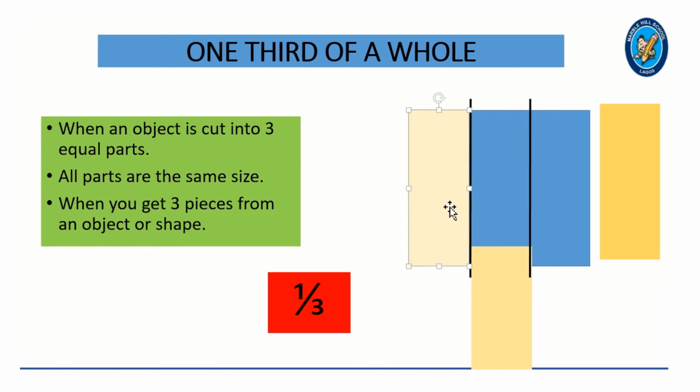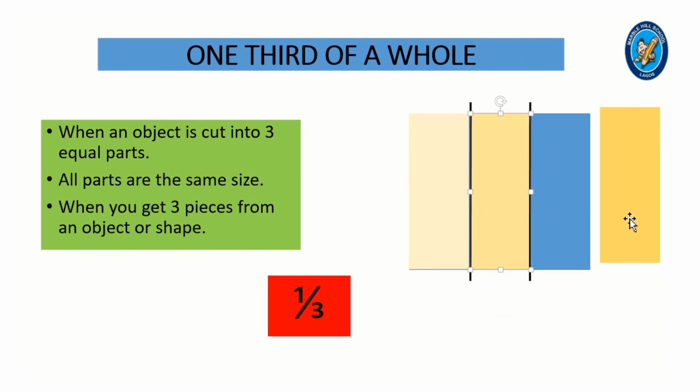The first piece 1, the second piece 2, and the third piece 3, all come together to make one big blue square. So this fraction, when you divide an object into 3, is called 1/3.